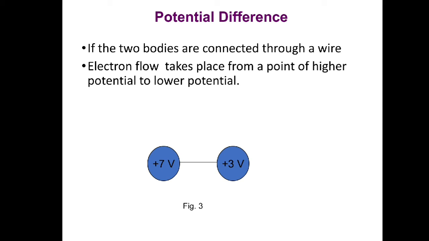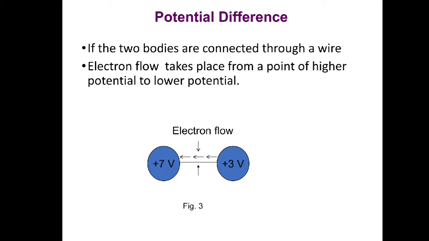Electrons flow from higher potential to the lower potential. You can see the electrons flow from higher potential to the lower potential. Here plus 3 volts means minus 7 electrons are there, and on the left hand side, plus 7 volts means plus 3 electrons are there.